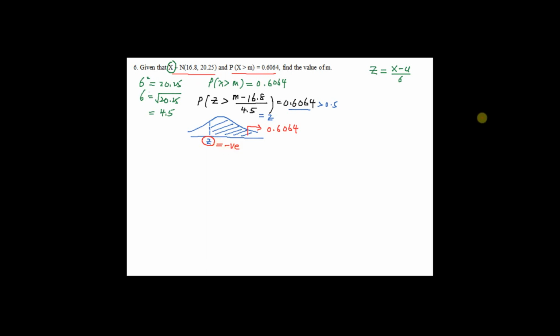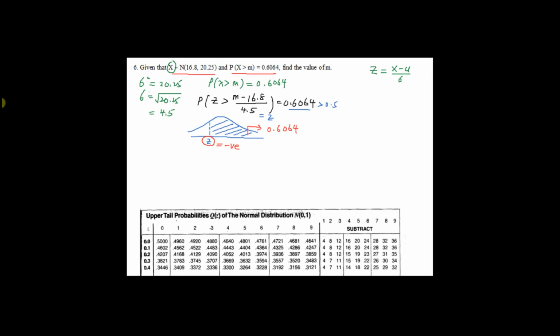Now I'll bring up the table for the standard normal distribution. This is part of the table for the standard normal distribution. That's our Z score, normally distributed with mean 0 and standard deviation 1. Always remember the probability given is the upper tail probability. So now we have to find the probability here.